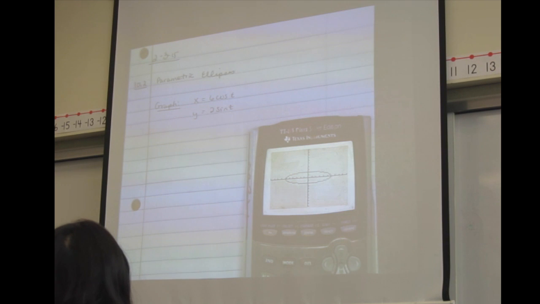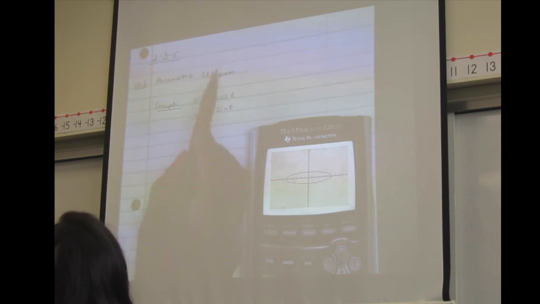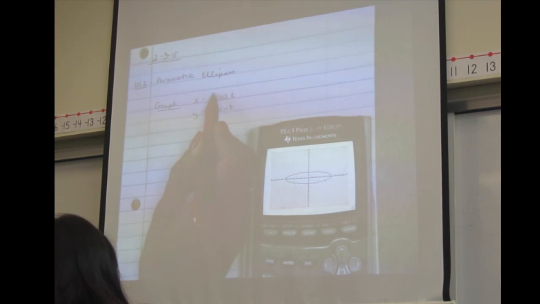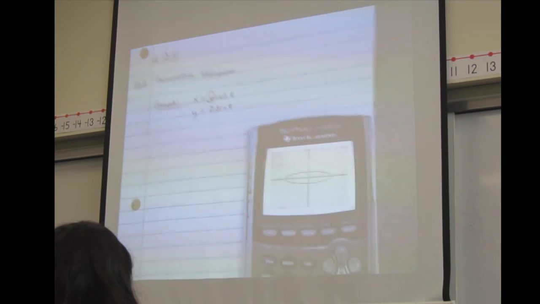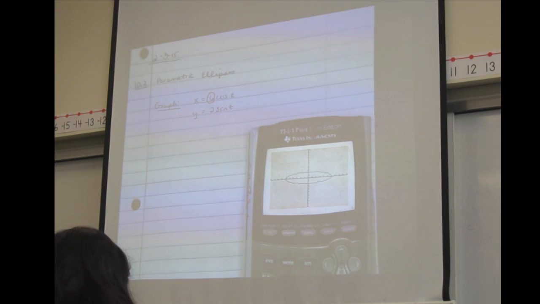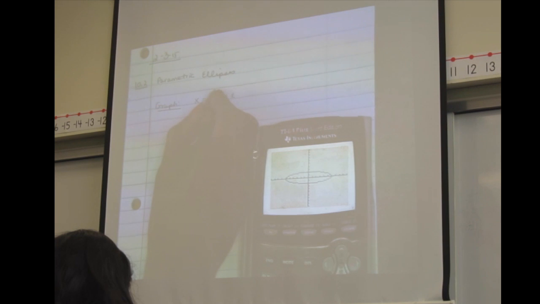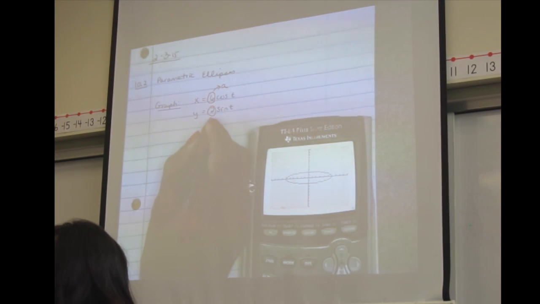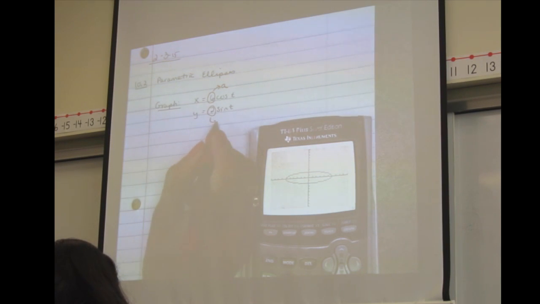So what does this 6 give us? The major axis, right? Yes, the A value, half of the major axis. The major axis is actually 12, so this is the A value. And 2 would be the B value.